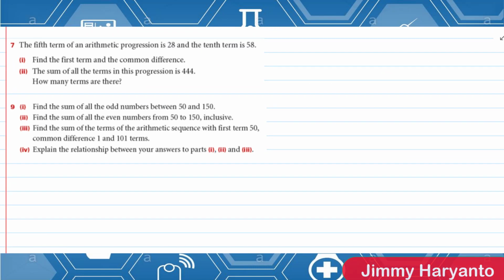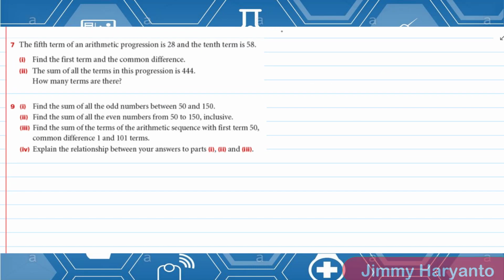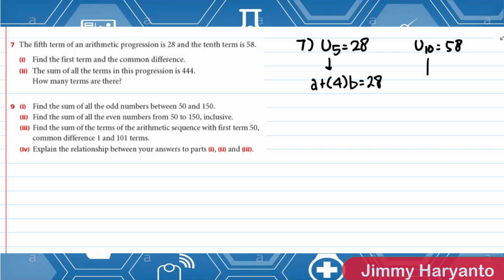Next is number 7. The fifth term of the arithmetic sequence is 28, so U5 equals 28, and the 10th term is U10 equals 58. For U5, the formula will be A plus n minus 1, which is 4, times B equals 28. For U10, the formula will be A plus 10 minus 1, which is 9, times B equals 58.